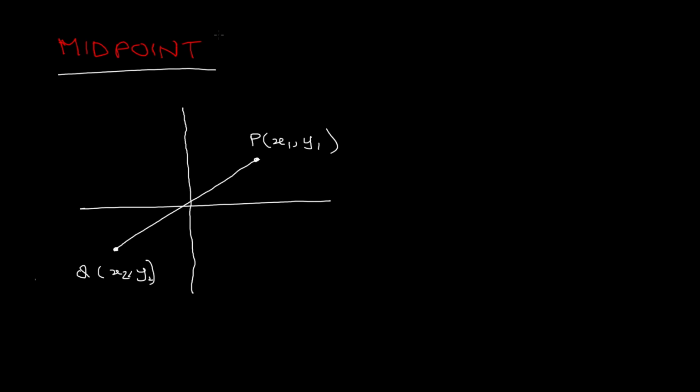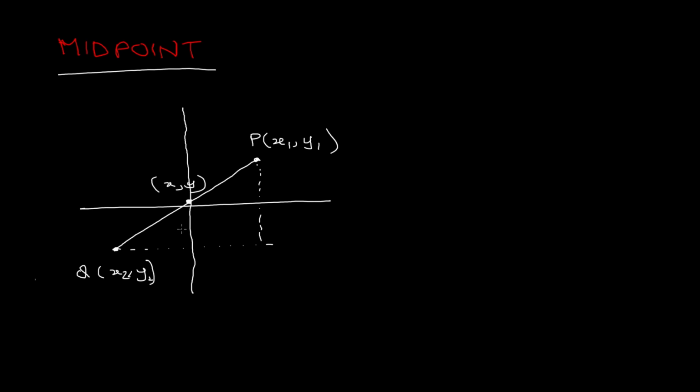Another concept that we can use is to find the midpoint between these points. So again, it's good to think right angles when we are dealing with these Cartesian planes. So now we have this, and we want to find the midpoint of these, which will be x, y.